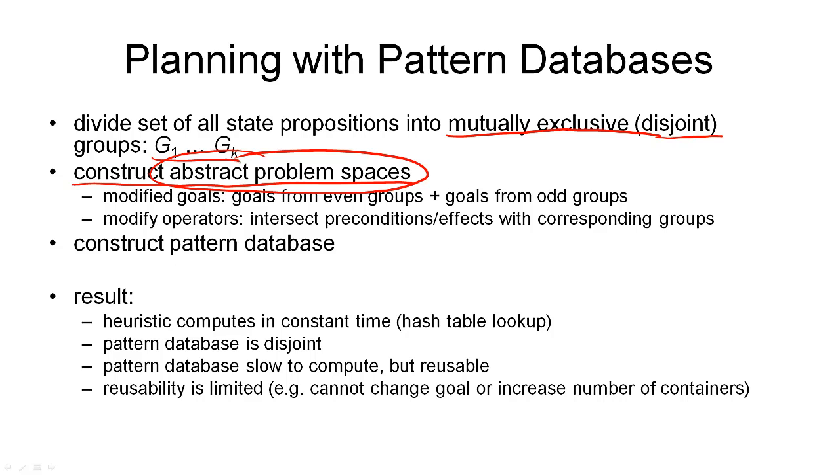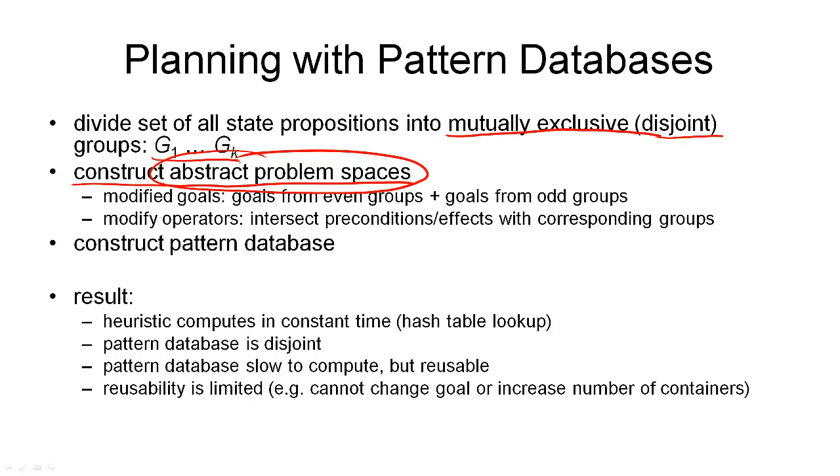Now, we may have quite a lot of groups, which means our abstract problem spaces may be too abstract, they may be trivial to solve, and the heuristic information that reveals is almost nothing. So what we do is we divide this into just two sets of symbols, namely those that are in even-numbered groups and those that are in odd-numbered groups. That effectively gives us two abstract problem spaces.